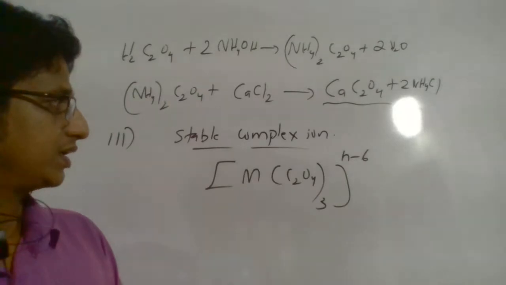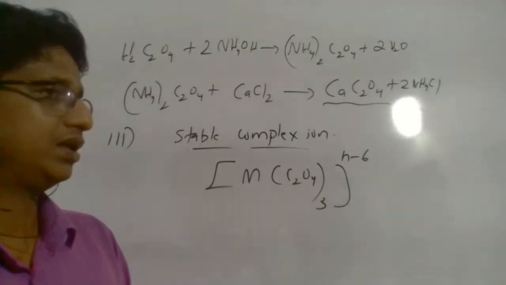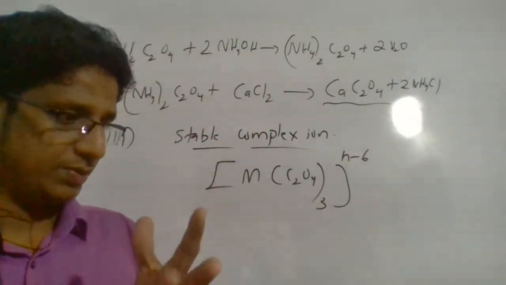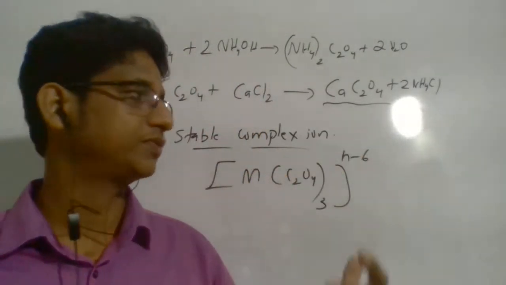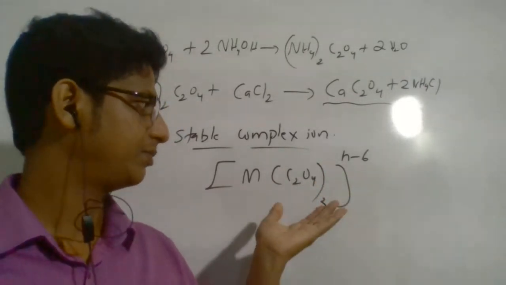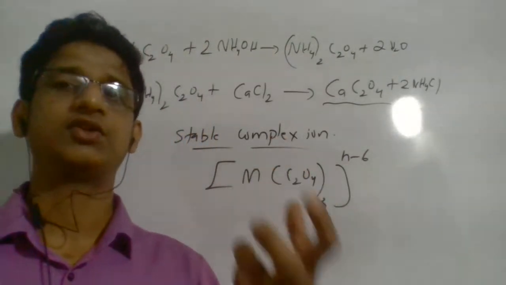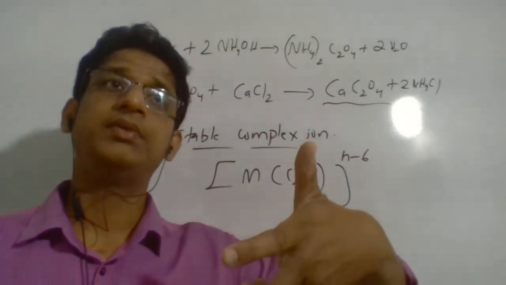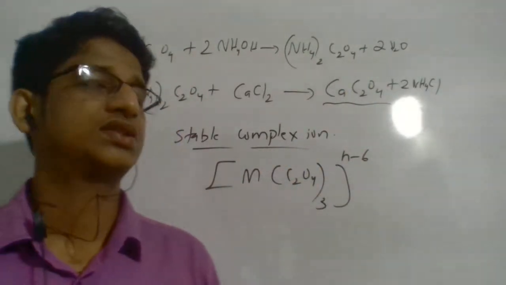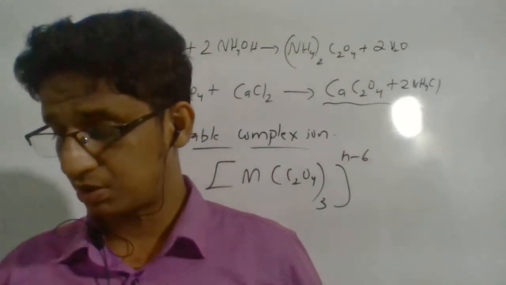So during the cation analysis, if oxalate is there, the metal may not be available in its respective group. For example, if oxalate is there with aluminium, an aluminium oxalate complex will be formed. So during the cation analysis in group 3, aluminium may not be available in enough quantity because it formed a stable complex with these anions.